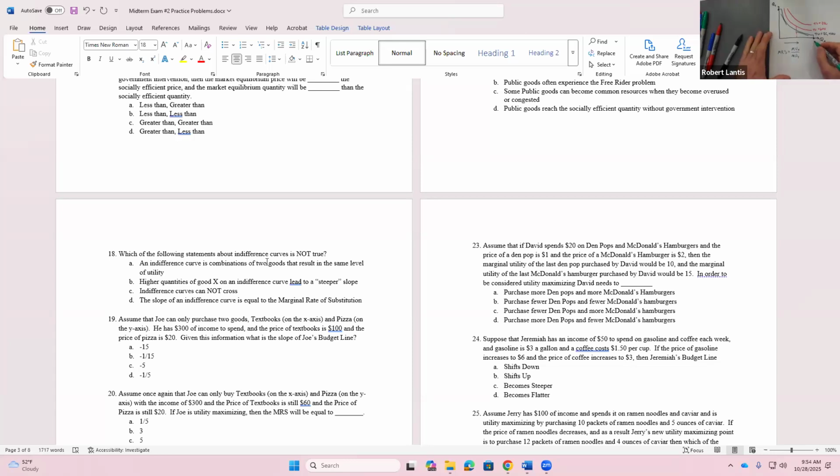So how much of the X good would I have? Well, if I'm keeping total utility the same, it would be total utility over the marginal utility of X, and total utility over the marginal utility of Y. If these represent quantities, if I do the change in the quantity of Y over the change in the quantity of X, I would have what?